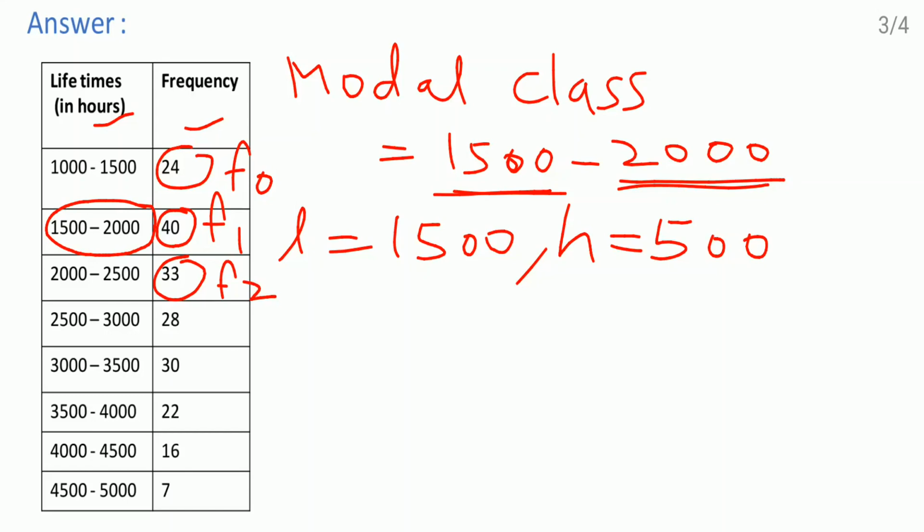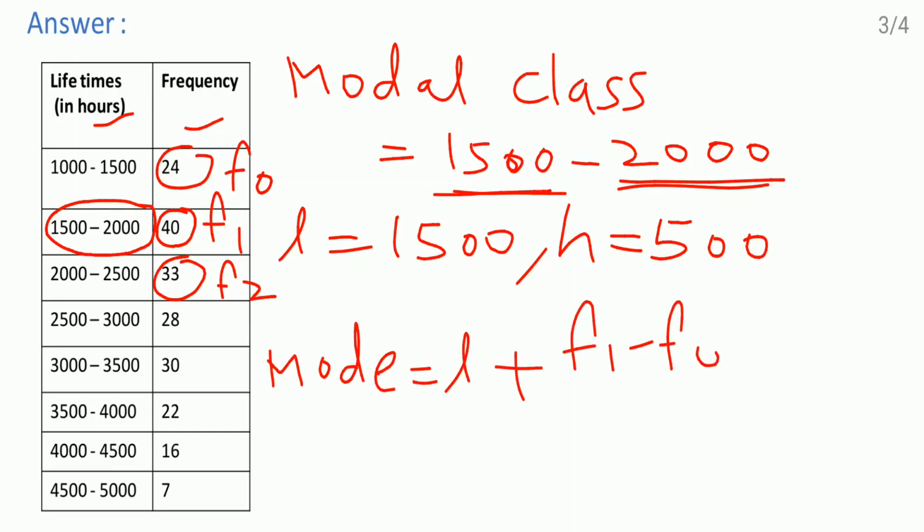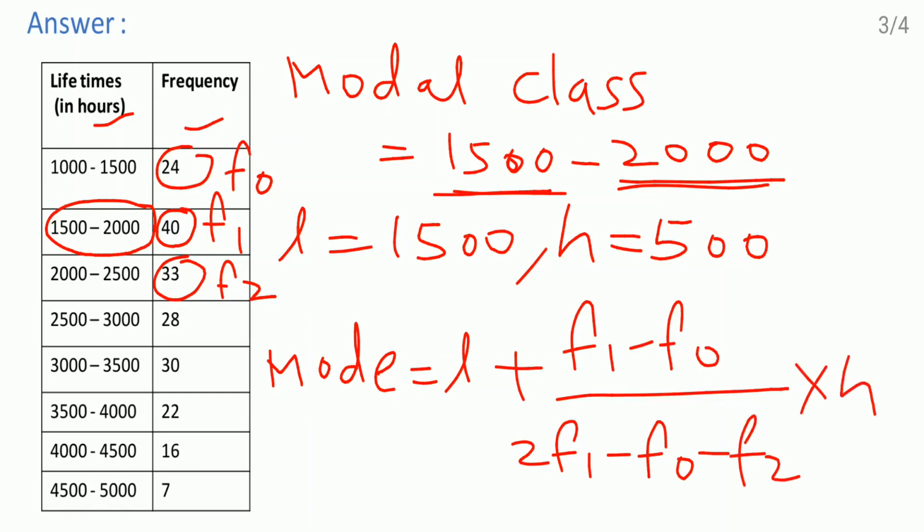Now these things we are mentioning here itself in the table. Now we need to find out the mode. So the formula for mode is: mode equals L plus (F1 minus F0) divided by (2 times F1 minus F0 minus F2), into H.